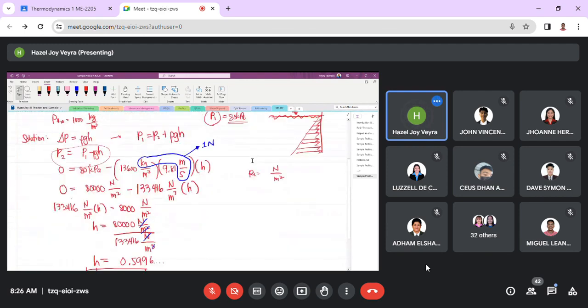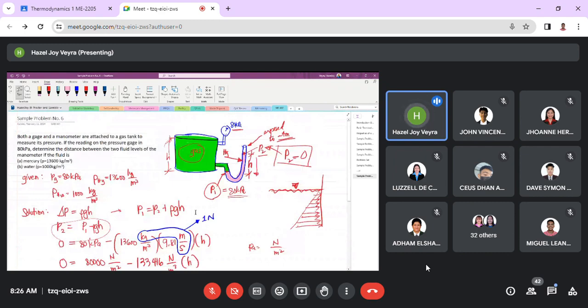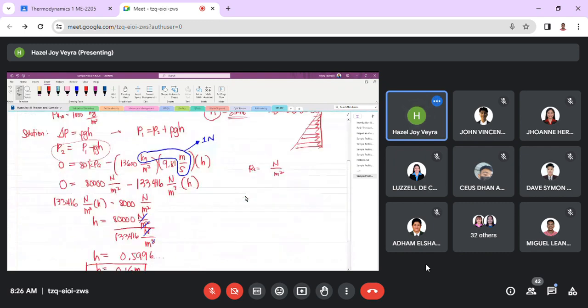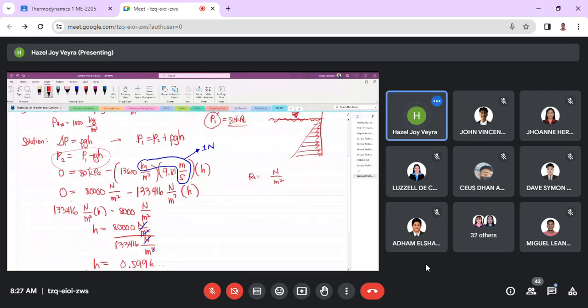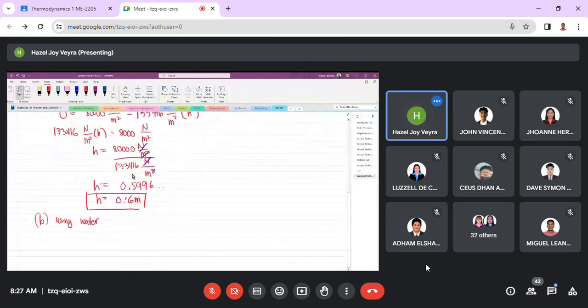So, now, question 2. What if naman daw water yung ginamit? Same solution using water. We'll also have the same formula. Mapapalitan lang yung density.